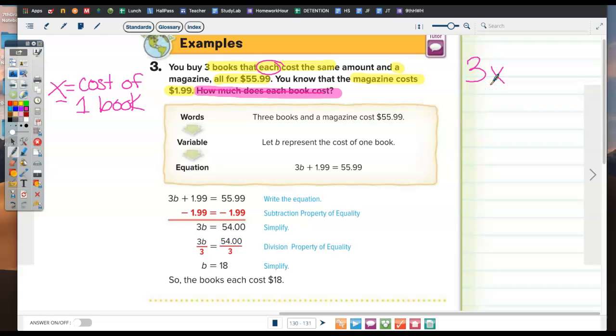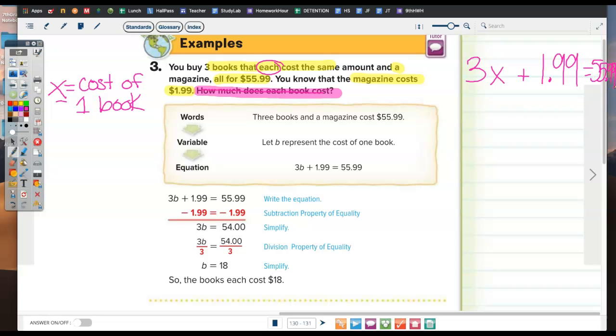What else did I buy? Magazine. How much did it cost? $1.99. What operation goes in between those two? Addition, right? Because we're going to take this cost plus my magazine cost. Okay? And that equals what? Because that was my total cost.